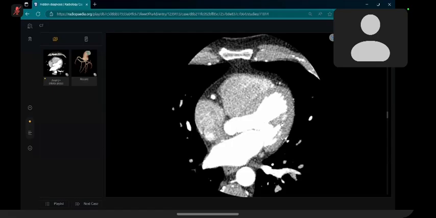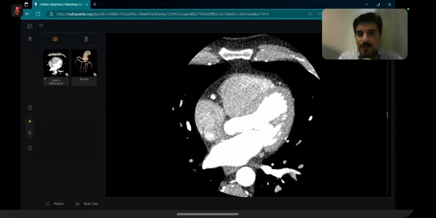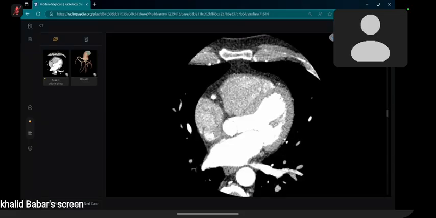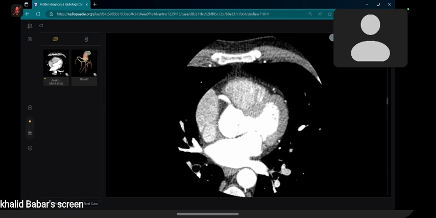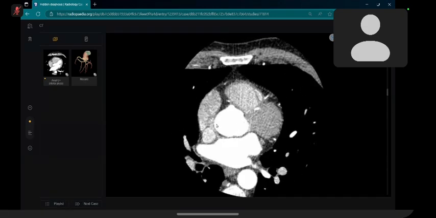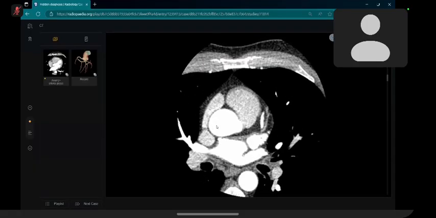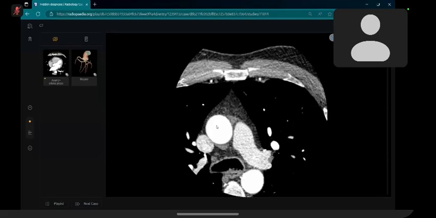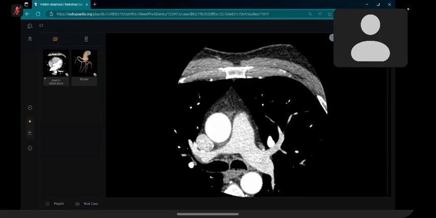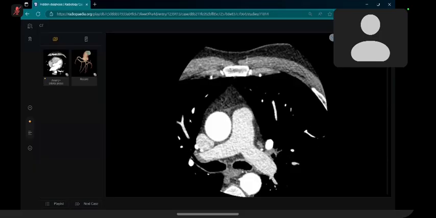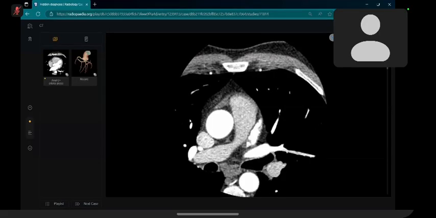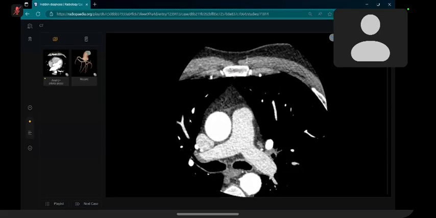Yes, please. Okay. Sir, I am provided with the CT coronary angiogram coned images, and I would scroll to the top. I can appreciate the contrast opacification of the arch of the ascending aorta, pulmonary trunk, and right and left main pulmonary arteries.